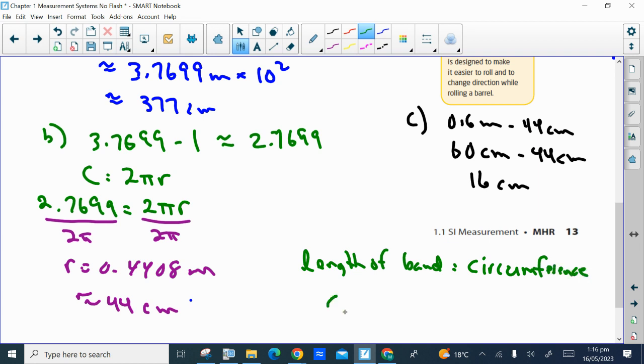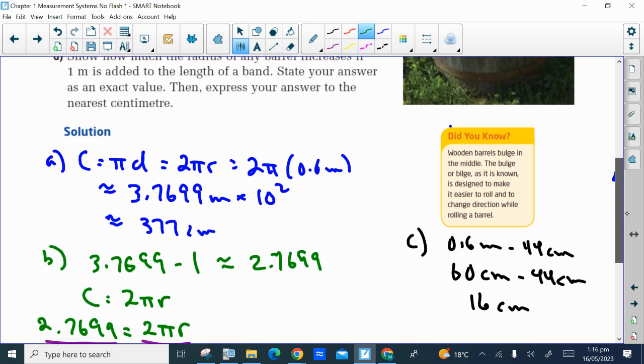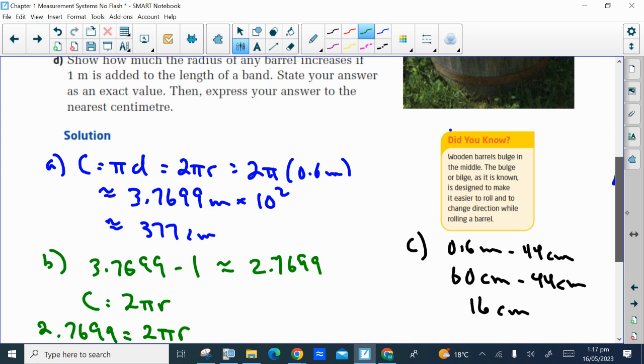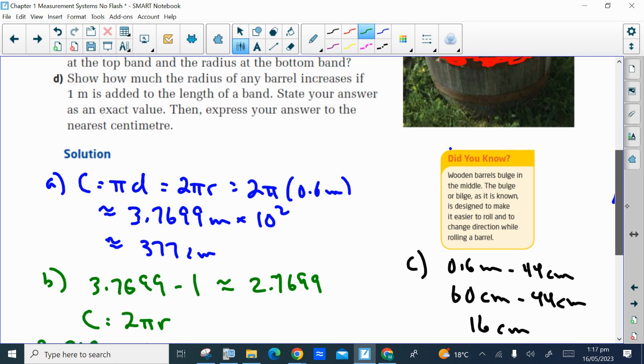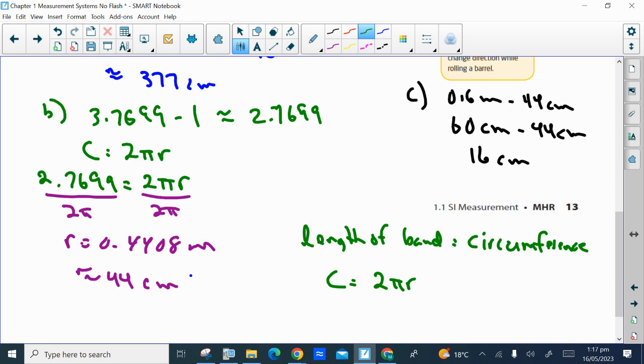And the formula for circumference is 2 pi r. That's given. If 1 meter is added to the length of the band, our circumference is going to increase by 1 meter, and we're going to show how much the radius increases. So we're going to add 1 to the circumference.